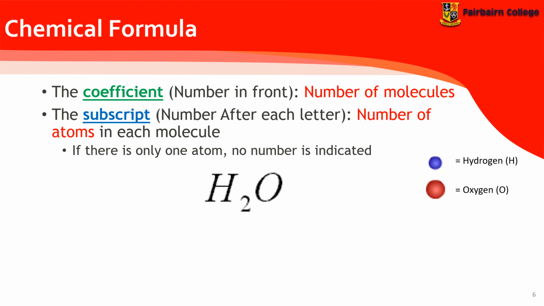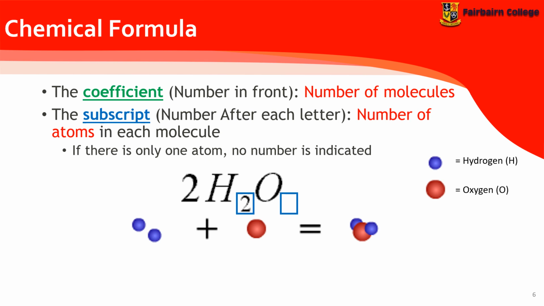If we take a look at just H2O, so we just look at 1 water molecule for now, then we can see that after H we have a 2, so that means there are 2 hydrogen atoms, and after O we have no number, meaning there is 1 oxygen atom. And this forms 1 water molecule.